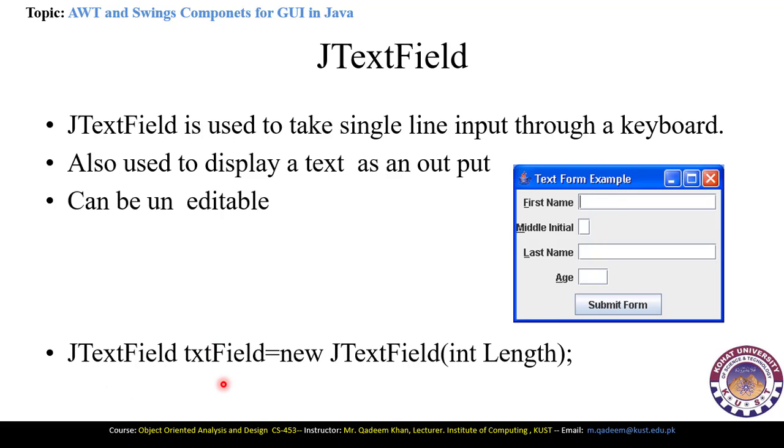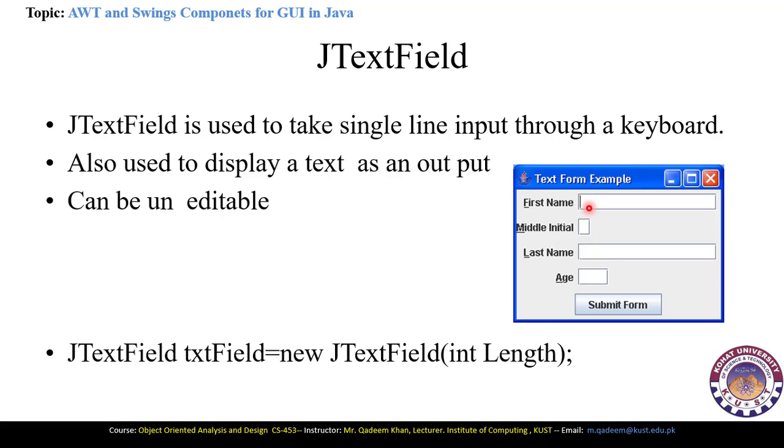This is the constructor of JTextField. First of all, we declare the class name. JTextField is the class name and it is implemented inside the javax.swing package. Then we declare any valid object: txtField is equal to new JTextField, and here we define the size of the JTextField. The size is provided as an integer value, that is int length.